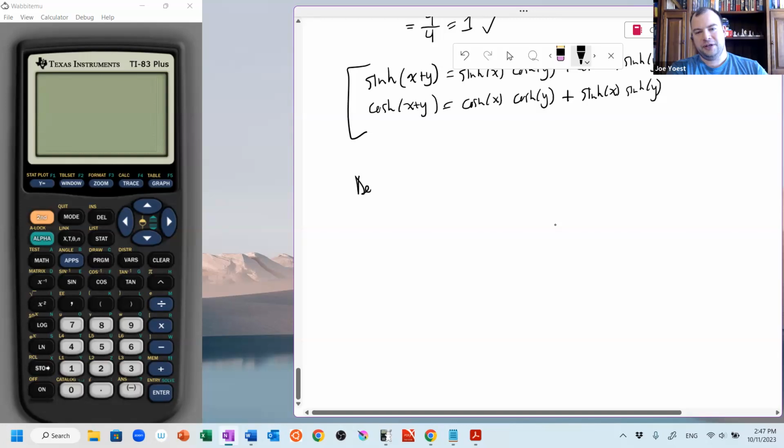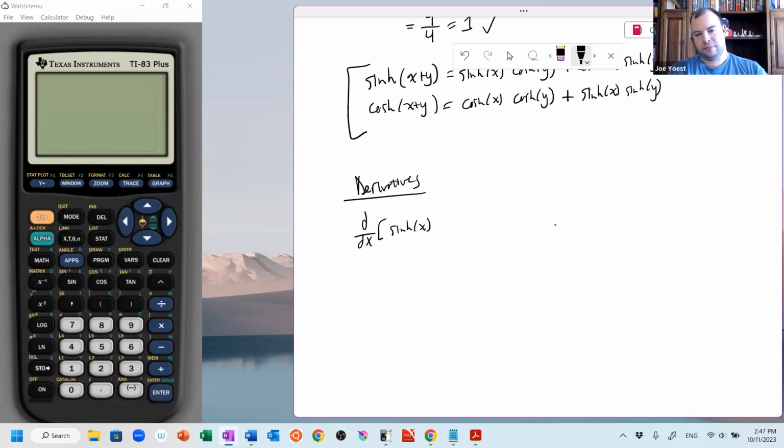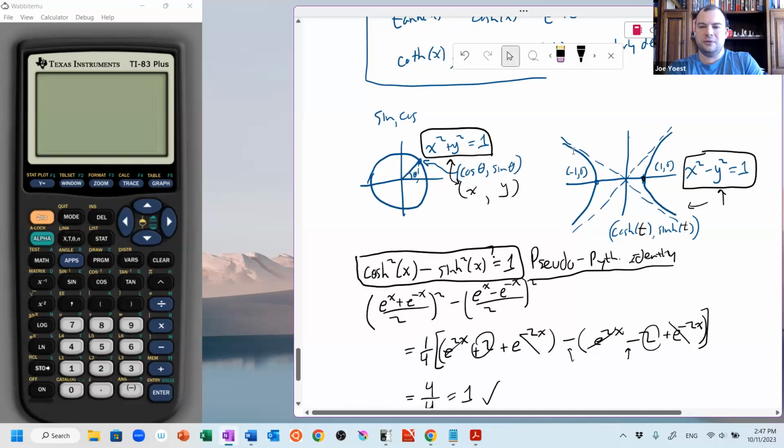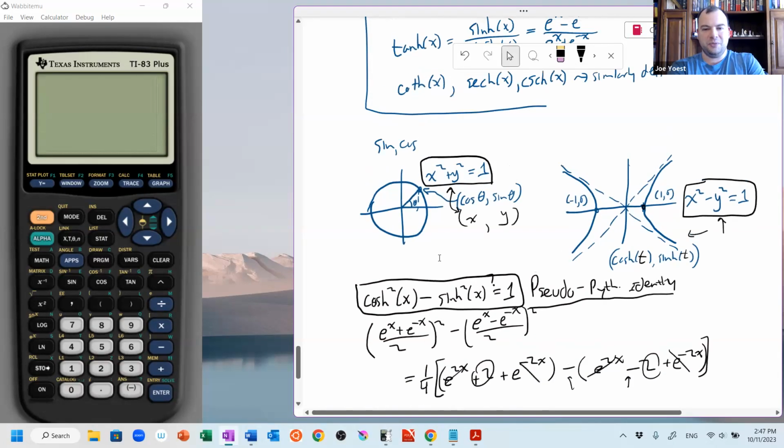Okay, so what are their derivatives? Now, nicely enough, if I had to work directly from this hyperbola, it would be a real headache, right? The same way that when we first defined what's the derivative of sine of theta with respect to theta, that was kind of a headache, right?